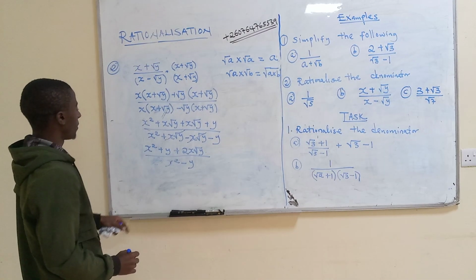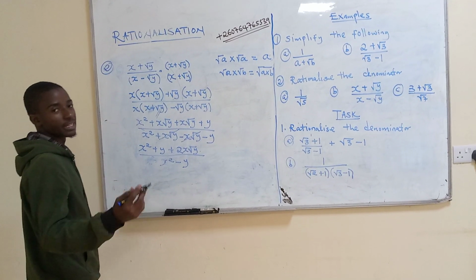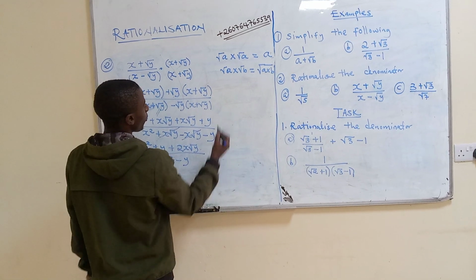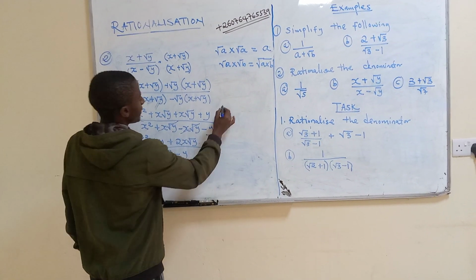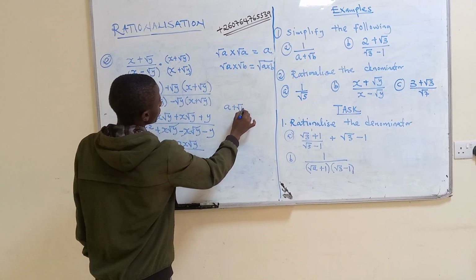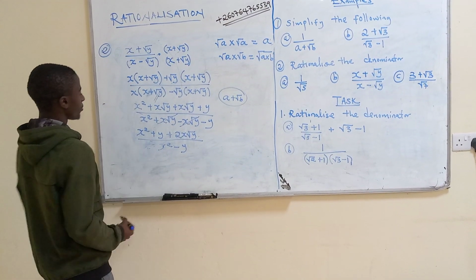So what you are going to do here now is just a matter of leaving it in the standard form of a surd, or whatever. So that is a plus square root of b. So this is the standard to which we are going to leave this kind of question.